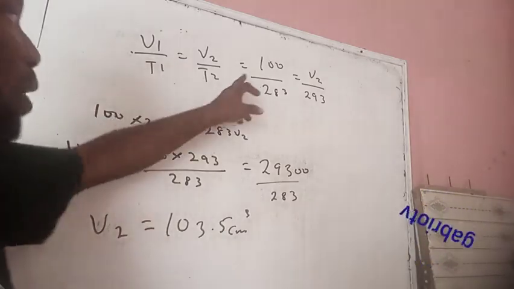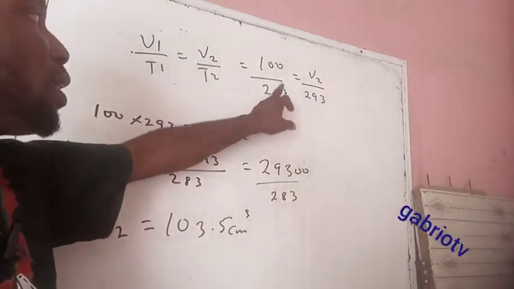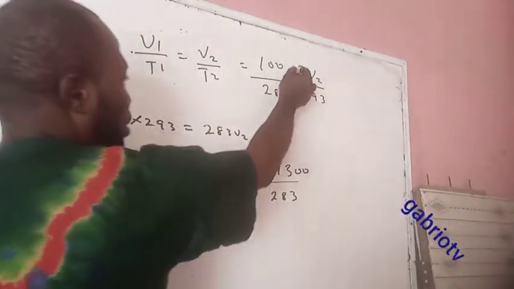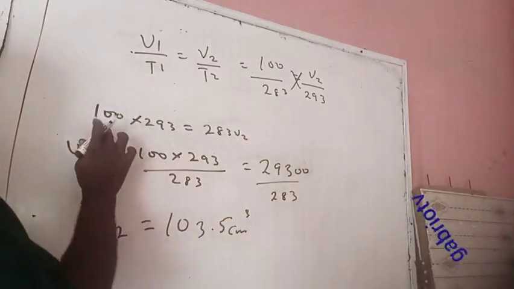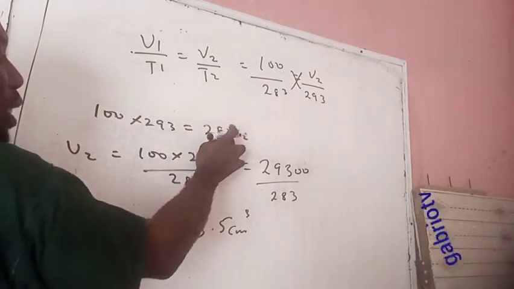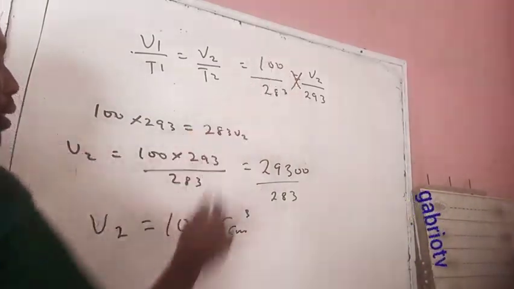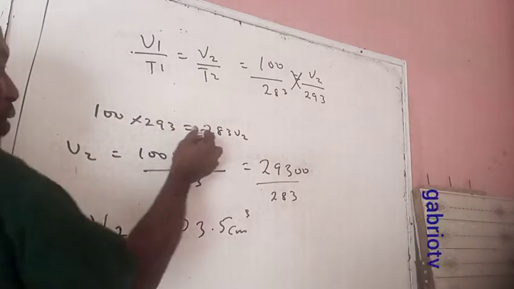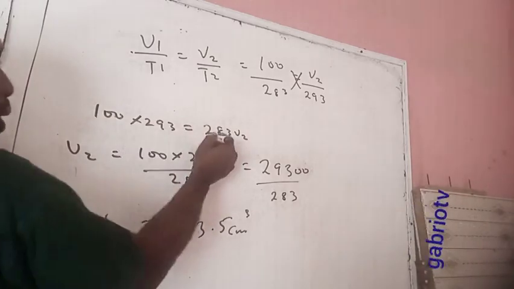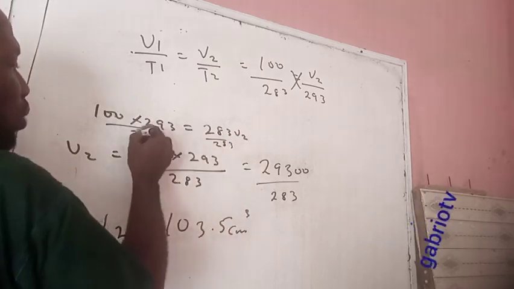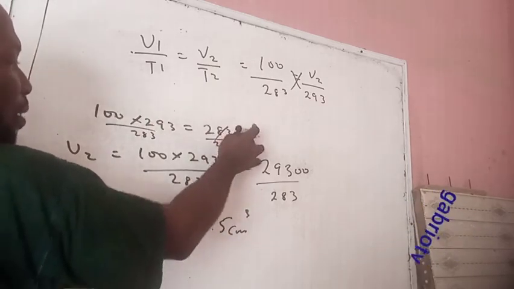Then from the question, we have 100 cm cube over 283 equals V2 over 293. And when you cross multiply, we have 100 times 293 equals 283 V2. That is the cross multiplication. So you have V2, you divide both sides by 283, so we get 283 over 283, just to get my V2.